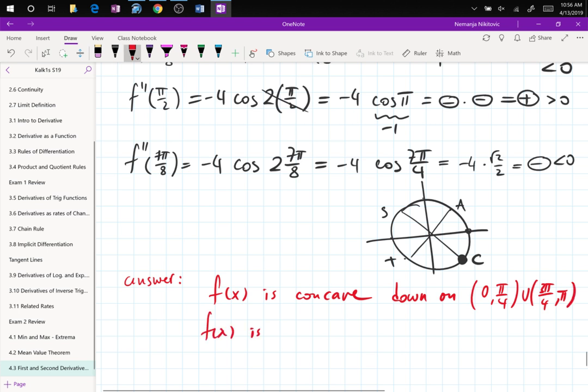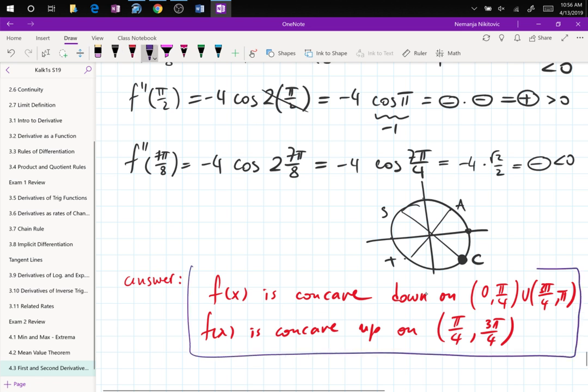F of x is concave up on pi over 4 to 3 pi over 4. And we put the box around that, as that is our answer.